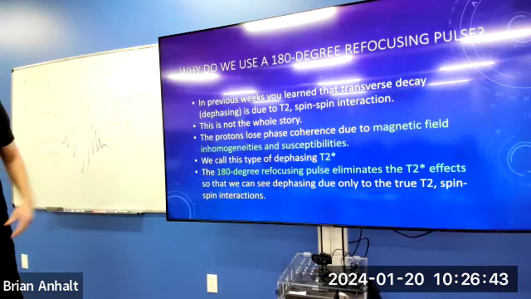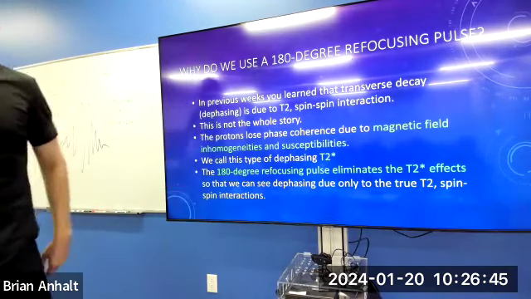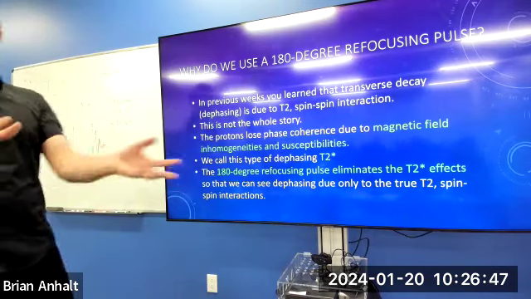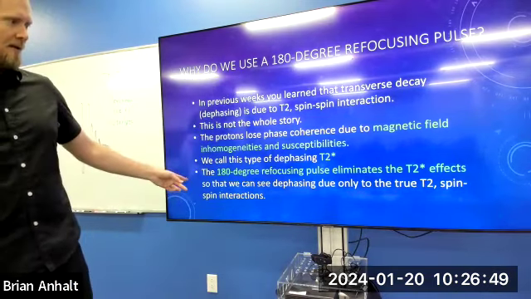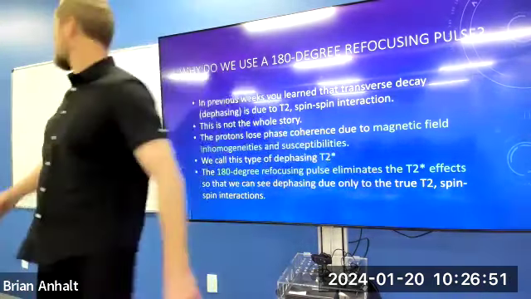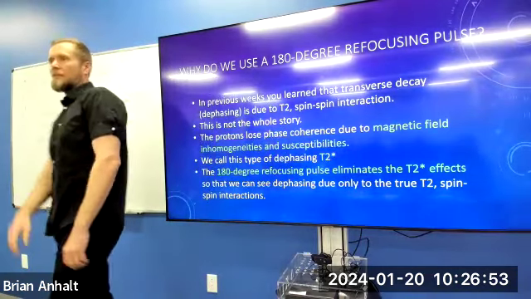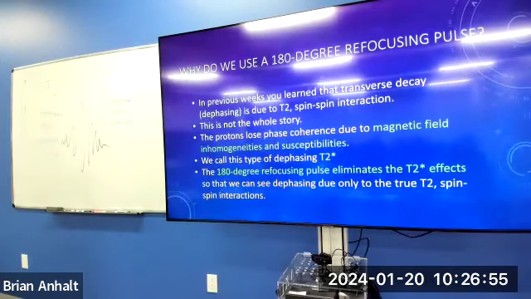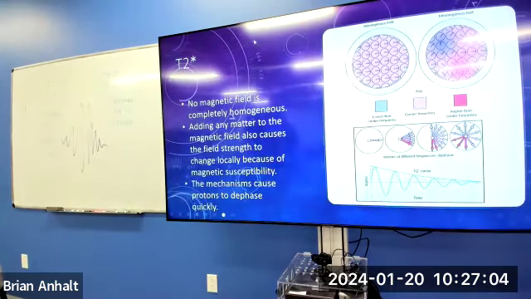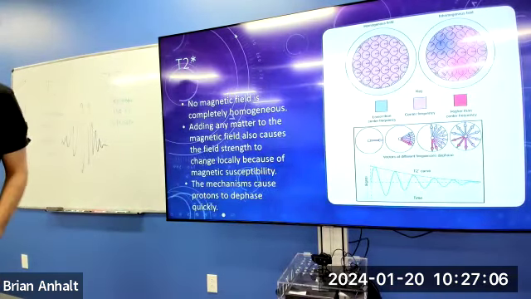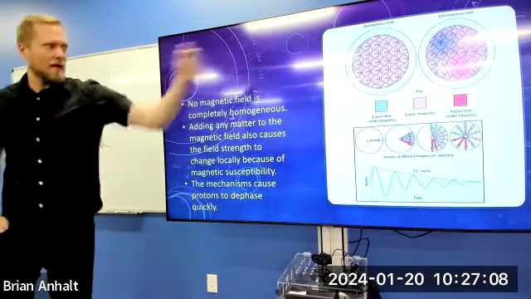Now when we measure our signal, the dephasing that we see, or the size of the transverse component of the NMV, is going to be reliant upon spin-spin interactions, true T2 spin-spin interactions, instead of T2 star. Hopefully this will kind of help you understand it.